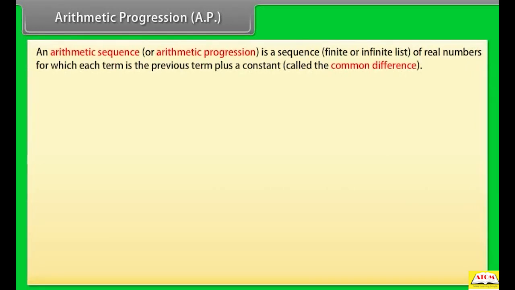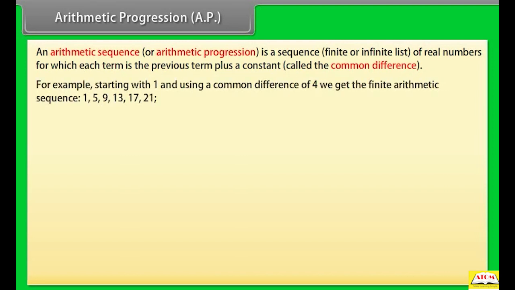Arithmetic progression, AP. An arithmetic sequence or arithmetic progression is a sequence, a finite or infinite list of real numbers, for which each term is the previous term plus a constant called the common difference.